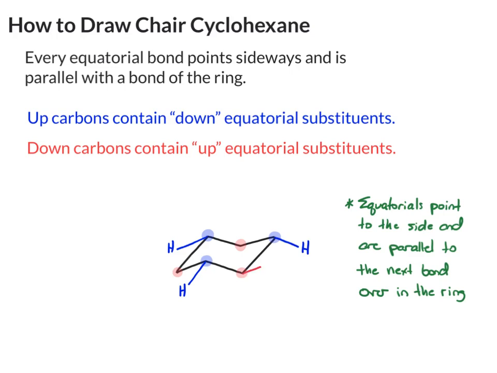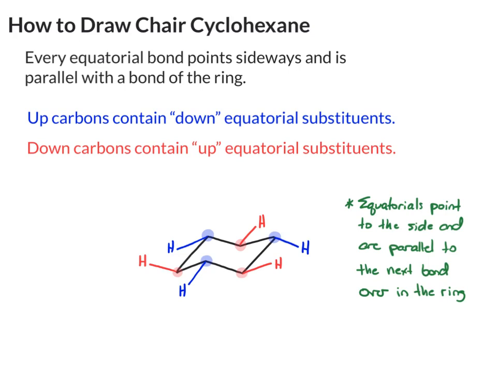So here I have an equatorial pointed in that direction. Here I have one pointed there. And the bottom left, there. So now double check and make sure these are parallel with the next bonds over in the ring.